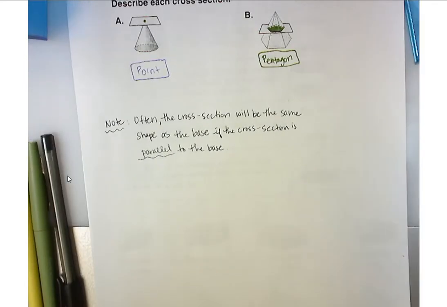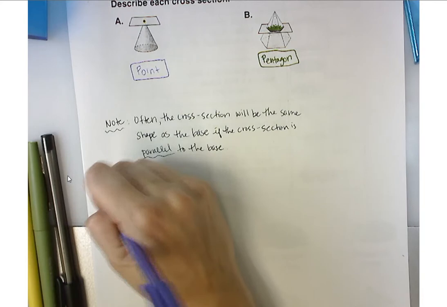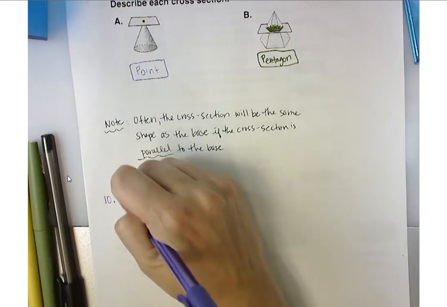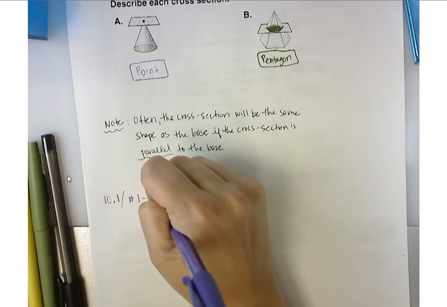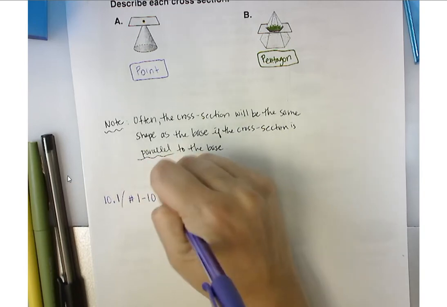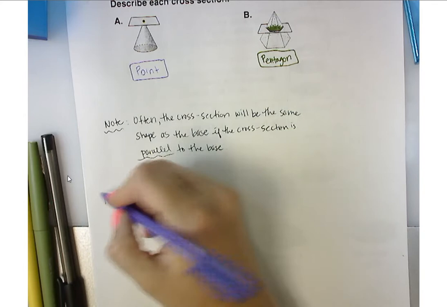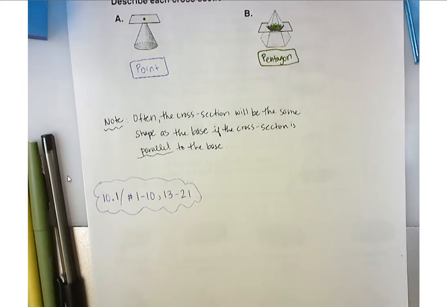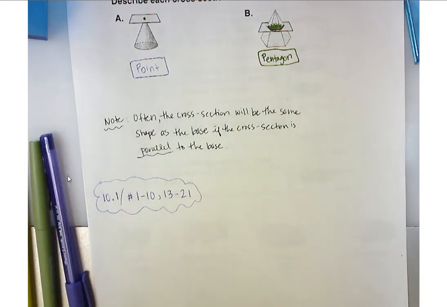Alright, and I'm going to give you your homework. I do not. 657.